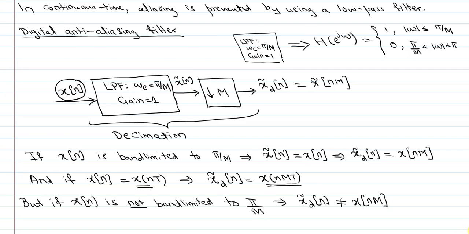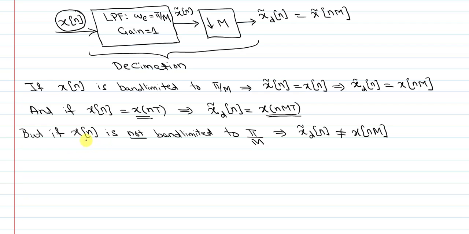Now, the other thing to keep in mind in this case is, when is x[n] not band limited to pi over M? If x[n] is not band limited to pi over M, then this implies, this is if and only if, your underlying continuous time signal x(t) was not band limited to pi over MT. So by this time, hopefully we are very comfortable in going from discrete frequencies to continuous frequencies and back.